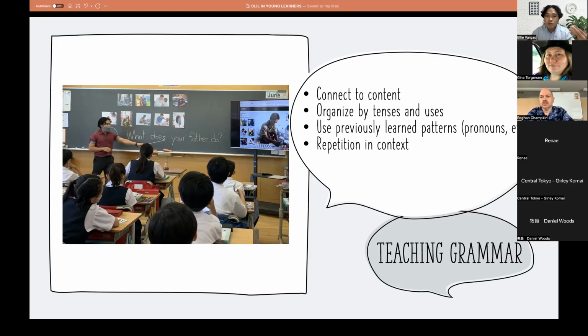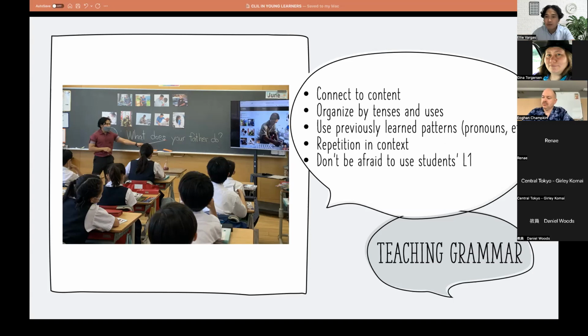And we still do repetition, but it should be in context, right? We don't just make them repeat after me. We ask them questions, they try to answer, or they try to ask their classmates, their friends. That way they repeat in context, so they can remember more.